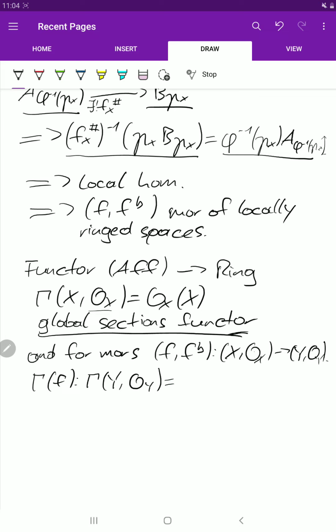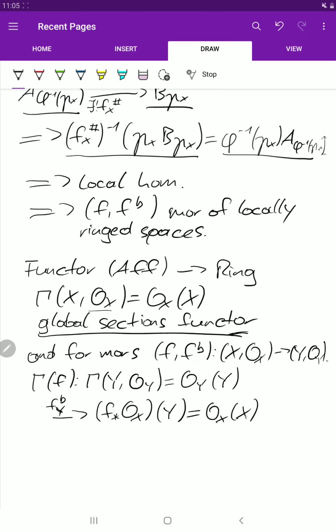Okay, so here we have O_Y(Y), and now we just take our f^# with subscript Y. It's a morphism of sheaves, and we look at the rings when we plug in Y. So we get the direct image of O_X at Y, and now just by the definition of the direct image, that's just O_X(X).